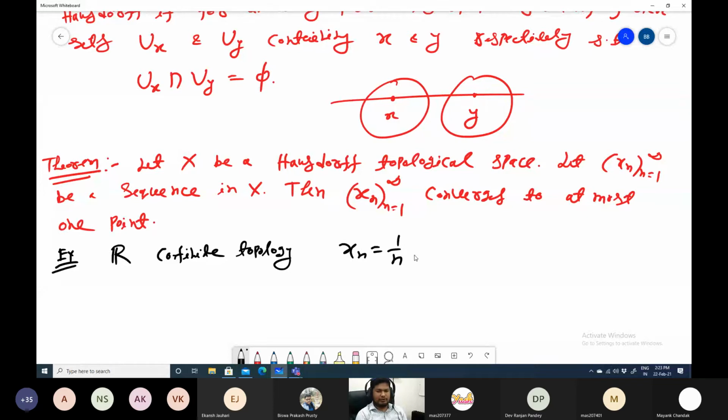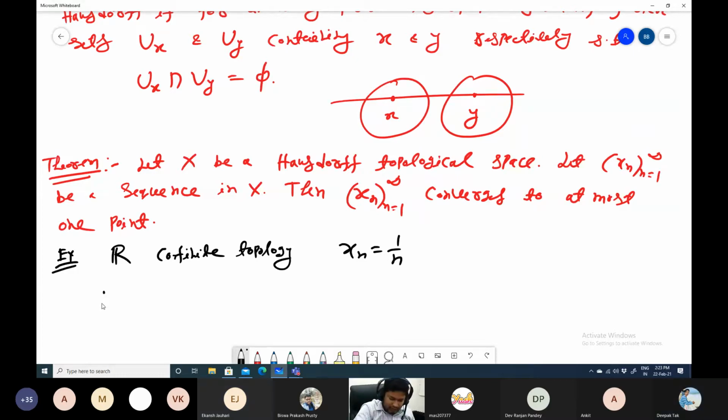If it is the usual topology, then xn converges to 0. Right, and in the co-finite topology? All the points. Right, all the points. Why?